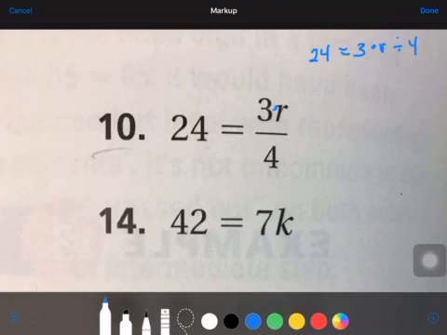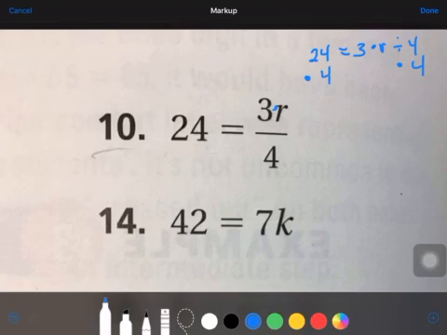Here, I don't have any addition or subtraction, so it actually doesn't matter which number I try to get rid of first, because we're going to get the same answer, and it's going to take about the same amount of time. So on this one, I'm going to choose to times by 4 first.